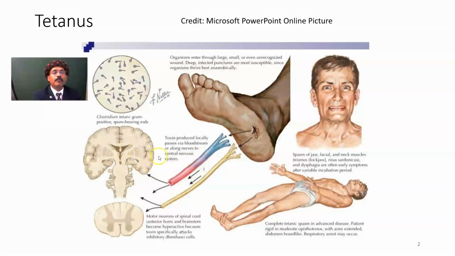It inhibits the inhibitory neurotransmitters like glycine and gamma aminobutyric acid, and it will excite the central nervous system.